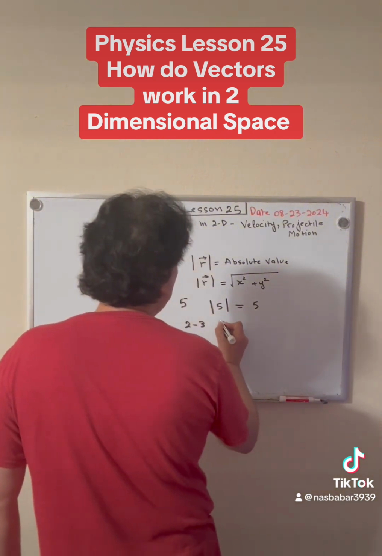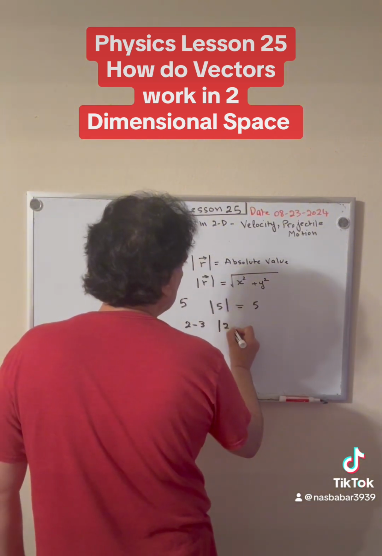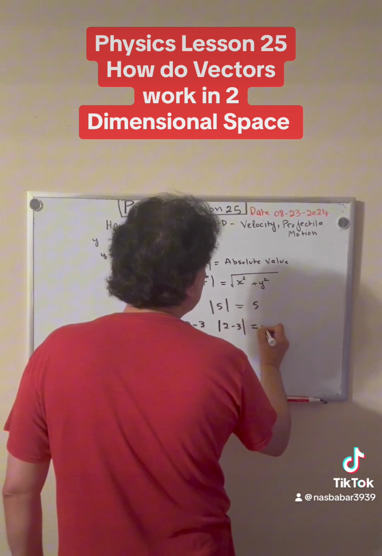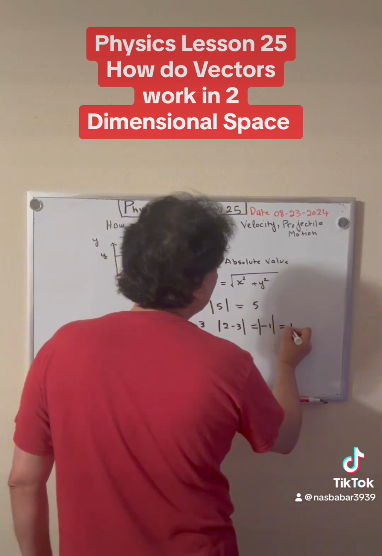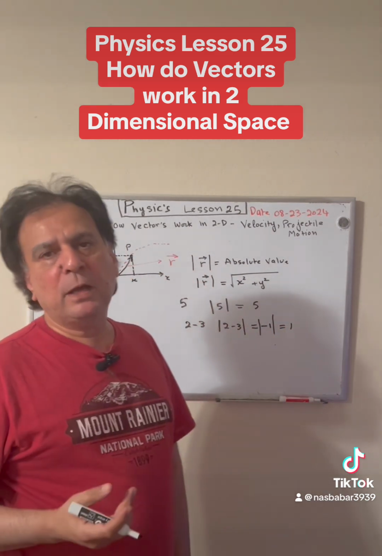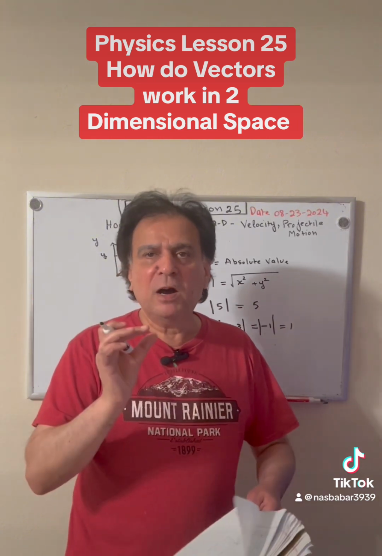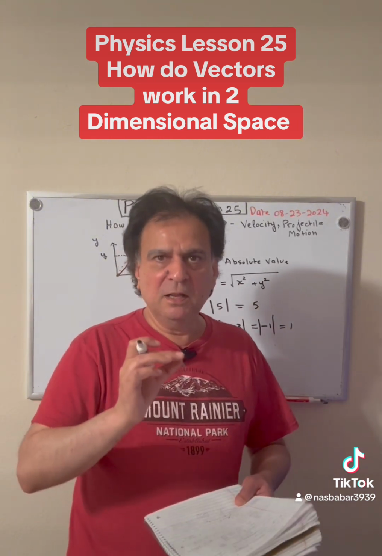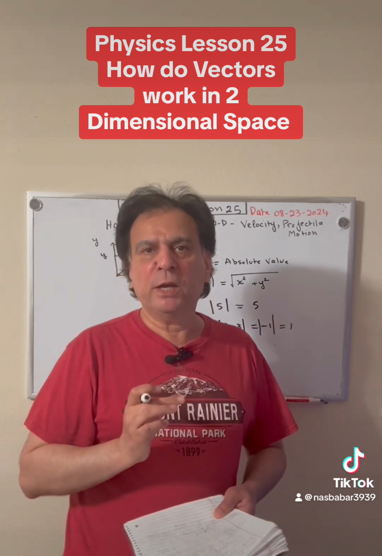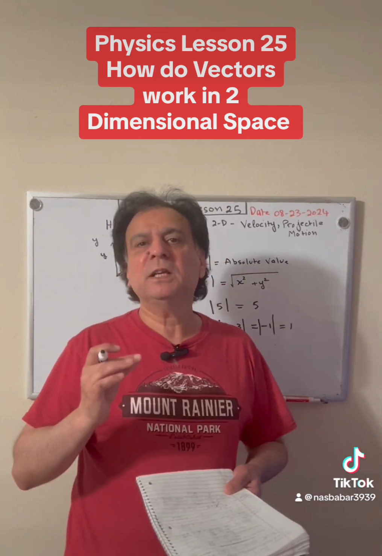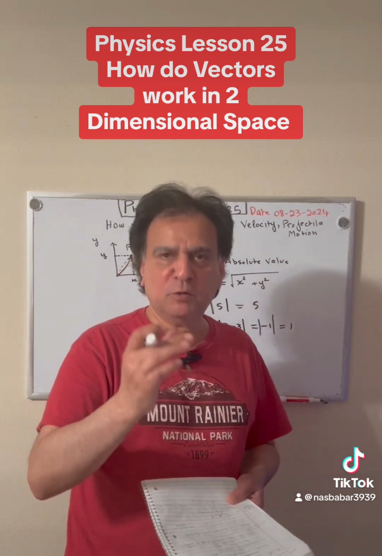So I put 2 bars and the answer is the absolute value of negative 1, which equals 1. Because with absolute value, you're just measuring how far away you are from the reference point. I don't care if it's negative or positive.